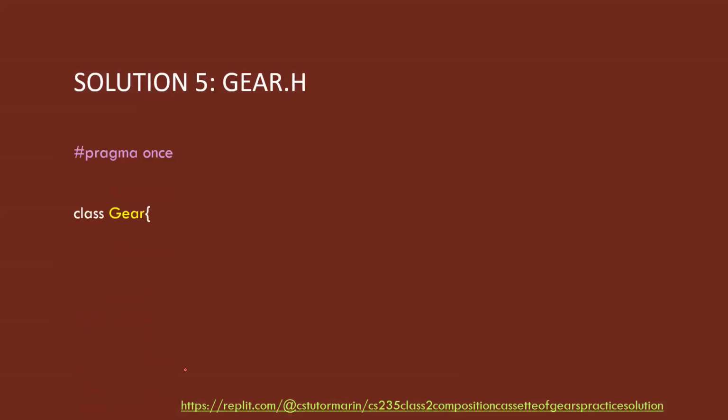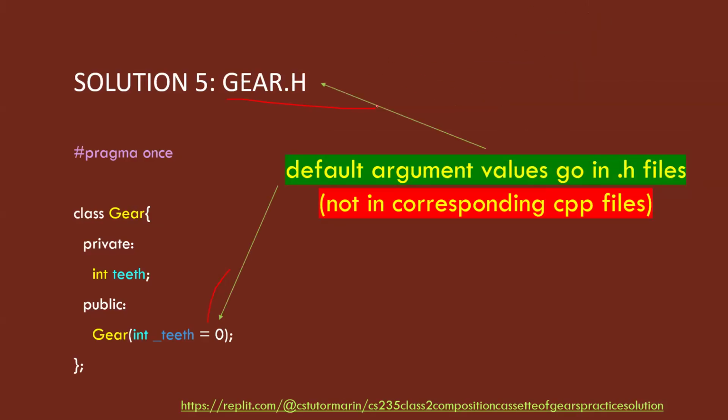So let's start with the gear. Pretty simple, right? Pragma once, private teeth, public constructor. Defaults go in the gear.h, so remember that for your lab today. If you don't give me the number of teeth, I will assume it's going to be 0, and we leave that in the gear.h. No curly braces, because that's going to be over in our gear.cpp.